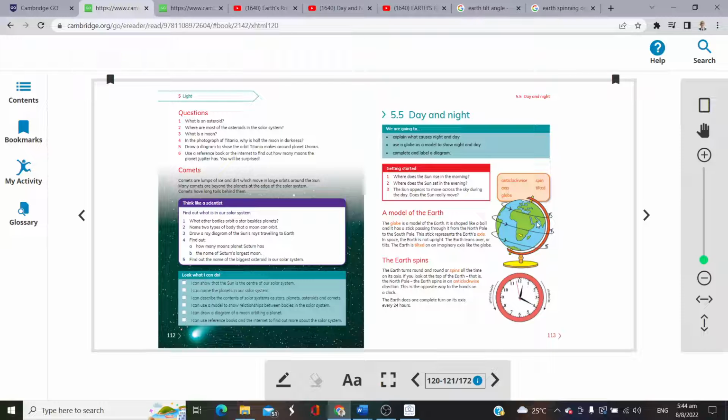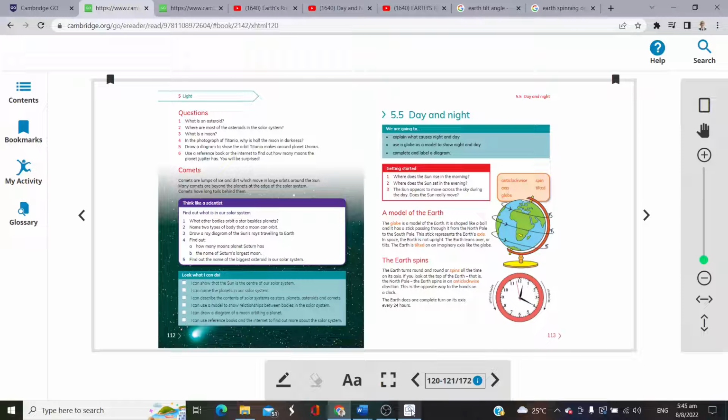Okay, I'll show you later. One is spinning on its axis and one is the revolution, meaning the Earth traveling in the orbit around the sun. Okay, that is revolution, which we are not talking about today. Today we are talking about the rotation of the Earth, or we can also say the spinning.